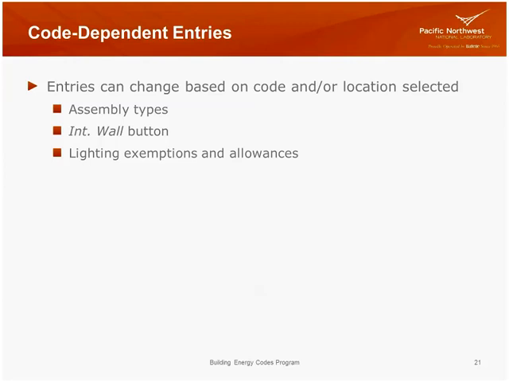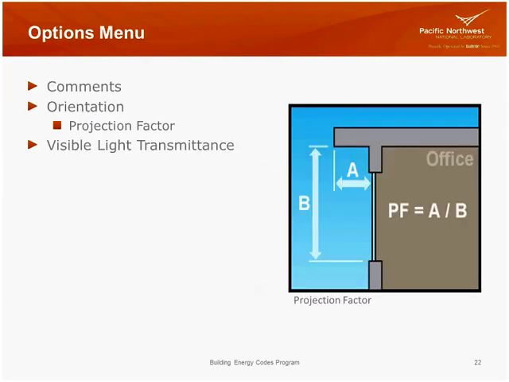Also, lighting for exemptions and allowances, very code-driven again, that depending on what code you are on, certain exemptions or allowances might apply to a certain space, such as retail display lighting. The options menu in the program gives you the ability to add additional information that's not so much maybe code-driven, but maybe you want to have it on your project, such as doing orientation.